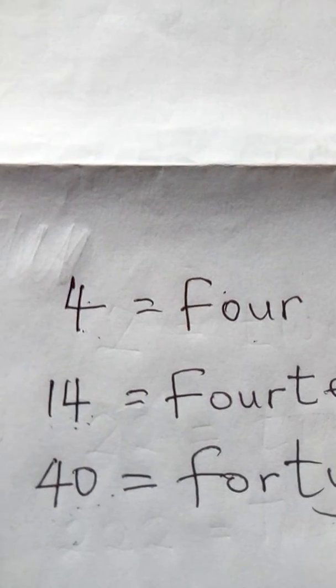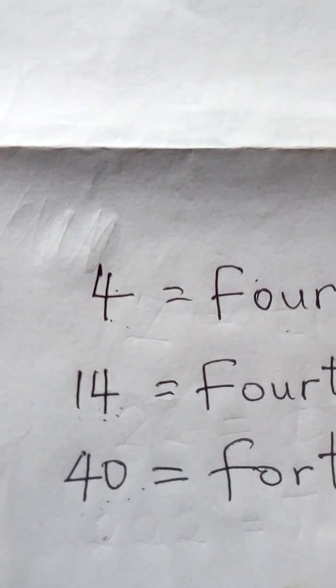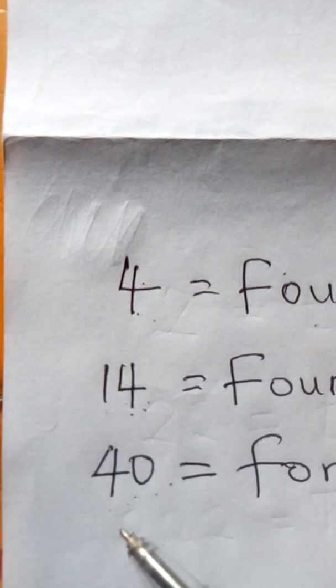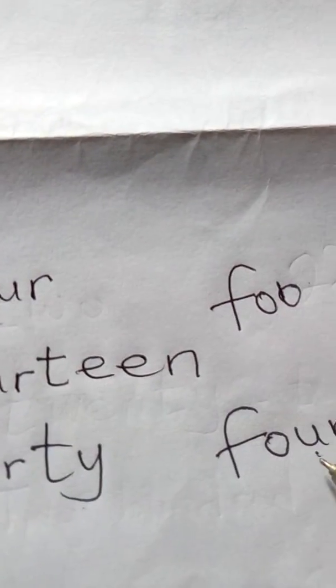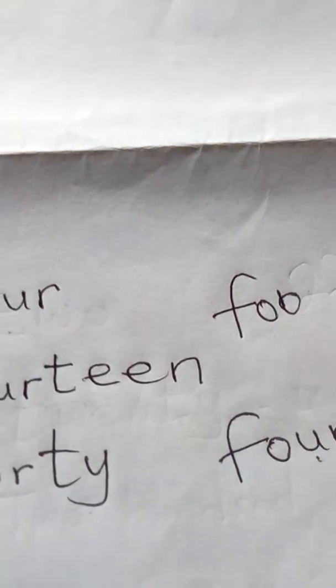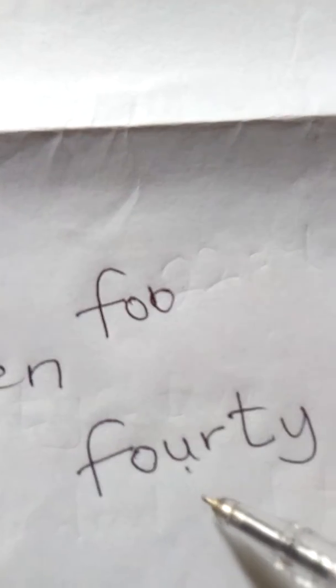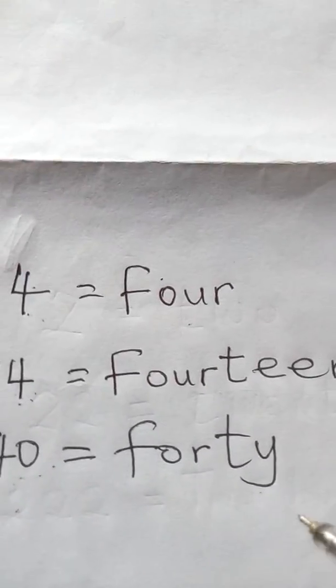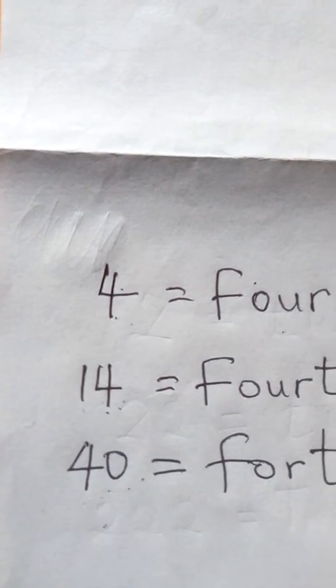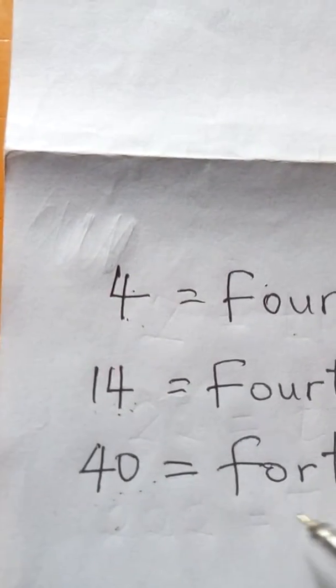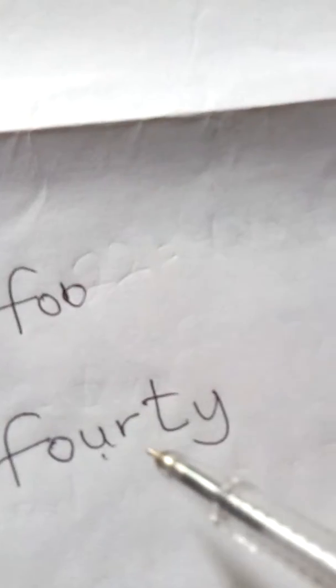But when a child is taught that when he or she wants to write 40, he or she must remove the u, automatically that will enter into the mind of the child. So when next the child wants to write, he or she will remember what he or she has been taught about removing the u when about to write 40.